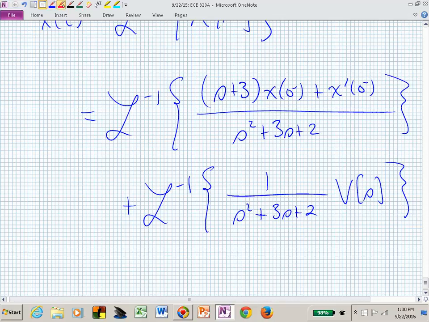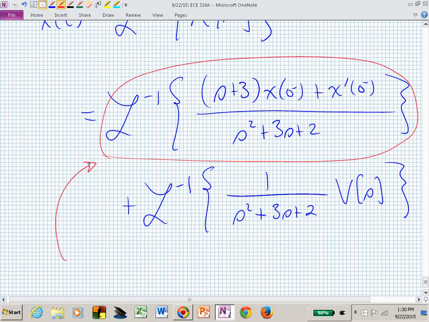If you look at these two pieces on the right-hand side, in this piece, the only thing that depends on anything other than values of s are initial conditions on your current. So this would be, what's the current at time 0 and what's the time rate of change of my current at time 0.